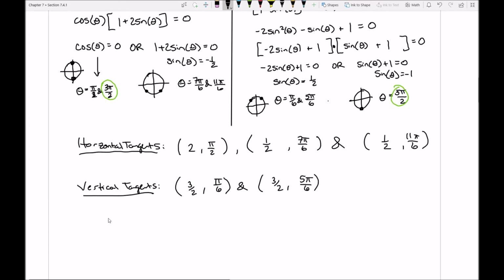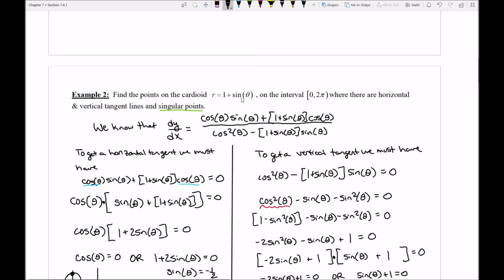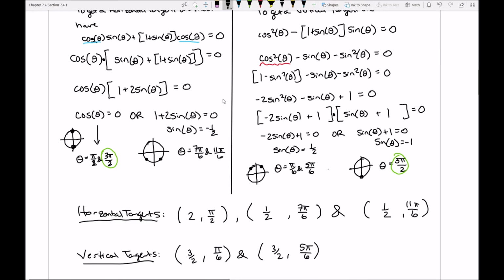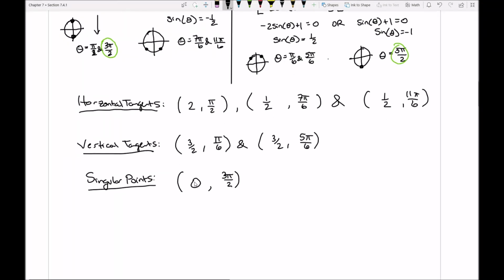And when I take a look then at my final idea, which was my singular points, I know that my singular points happen at any time when my derivative creates a 0 over a 0. And that apparently here happened at 3 pi over 2. And if I look at what r value I get when I plug in 3 pi over 2, I'm going to get negative 1 plus 1. So that's going to be an r value of 0.